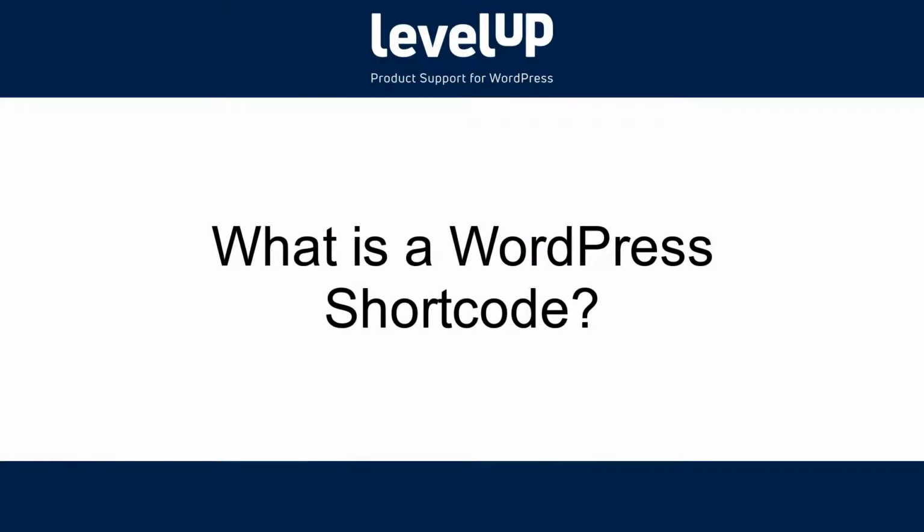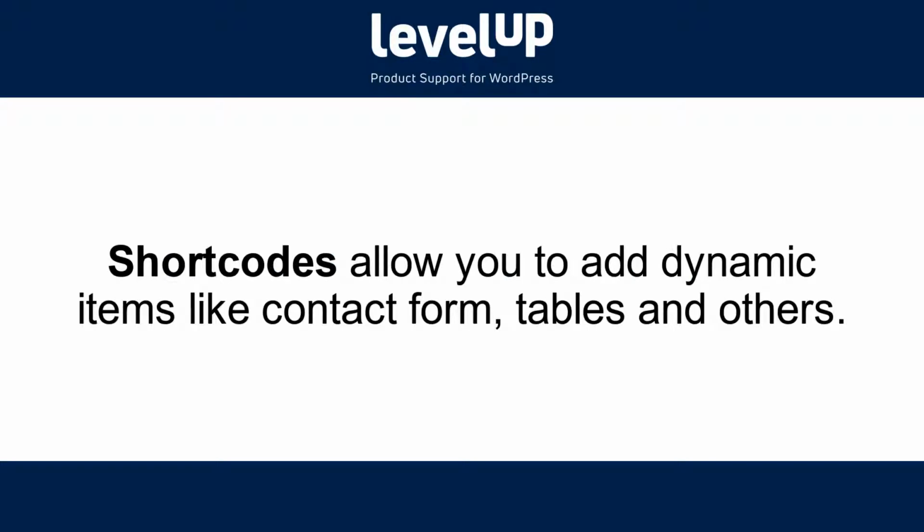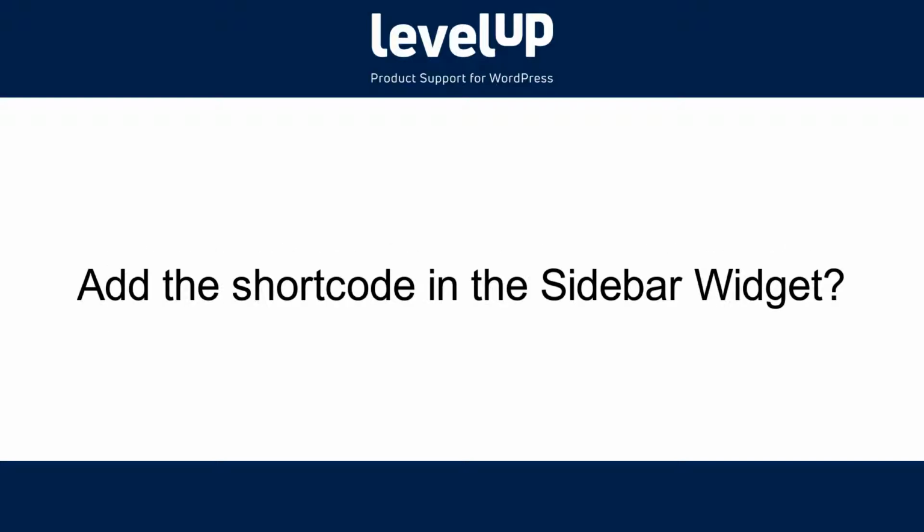Before that, let's see, what is a WordPress shortcode? Shortcodes allow you to add dynamic items like contact form, tables, and others inside your WordPress content area. But what if you want to add a shortcode in the sidebar widget of your website? This is how to do it.